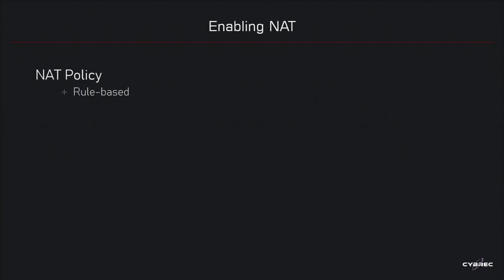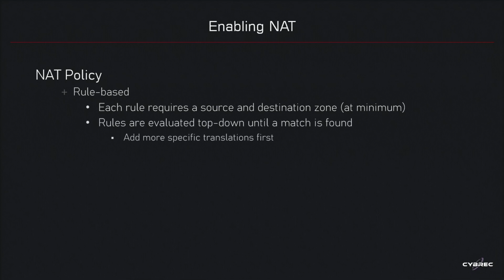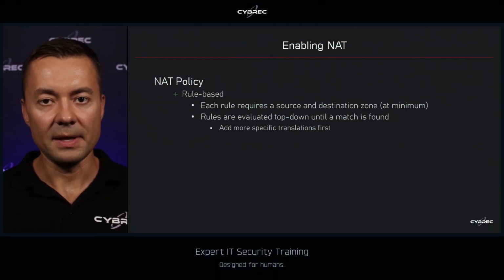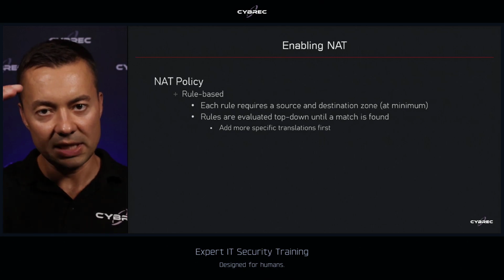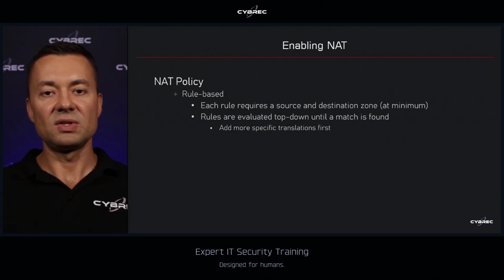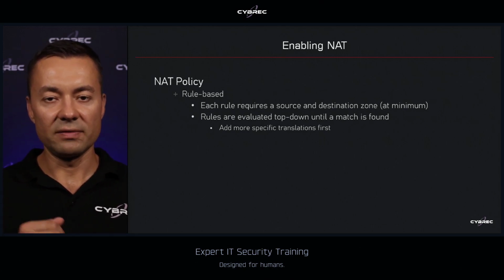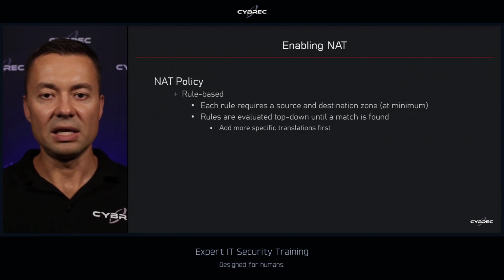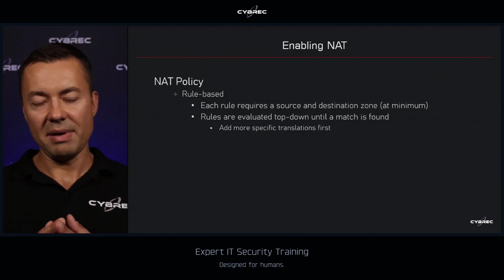Before we take a look at configuration, let me quickly discuss the policy for NAT. Each NAT policy rule is going to require a source and destination zone at minimum, and similar to security policy, NAT rules will be processed in a top-down fashion, which means that we will start evaluating the policy with the rules that are placed at the top of the policy. We will check if a rule matches a packet.